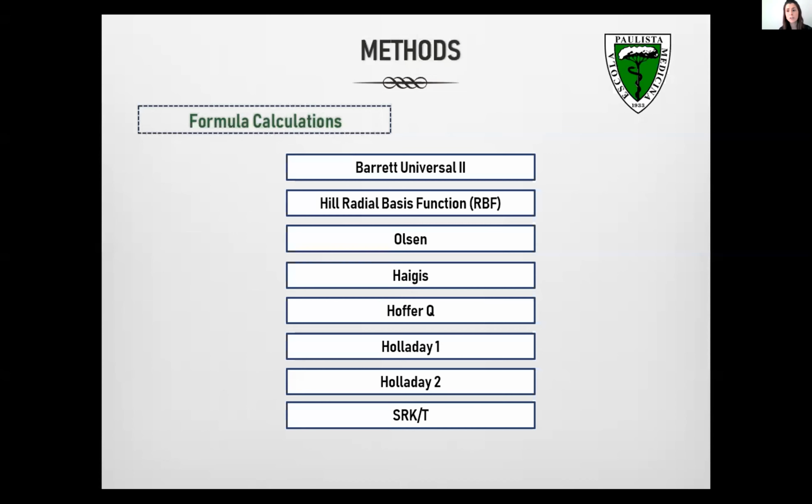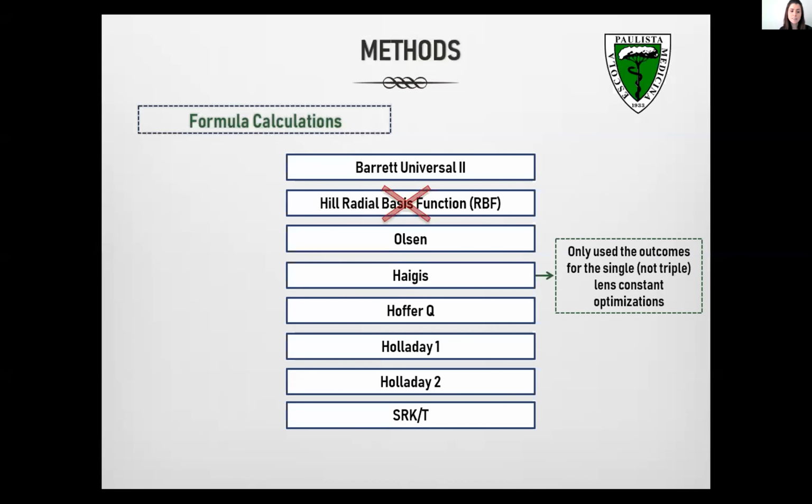Moreover, this formula is intended for use only in cases where the postoperative target outcome is plano. So the authors estimated that approximately 15% of the patients of the study would be excluded, and it would make it incomparable to the other formulas. For these reasons, the Hill-RBF was not included in the final analysis.